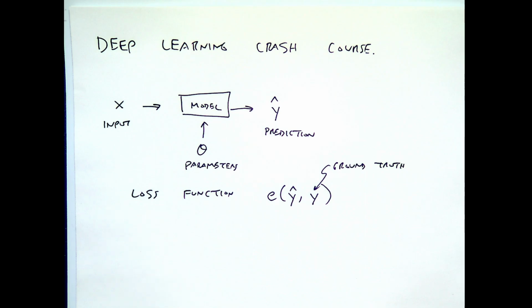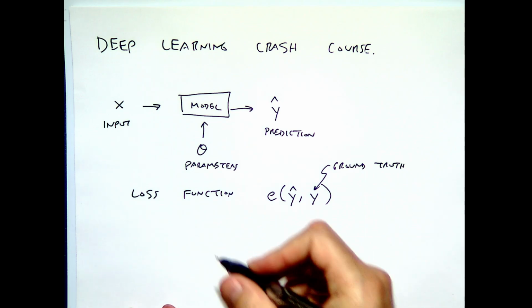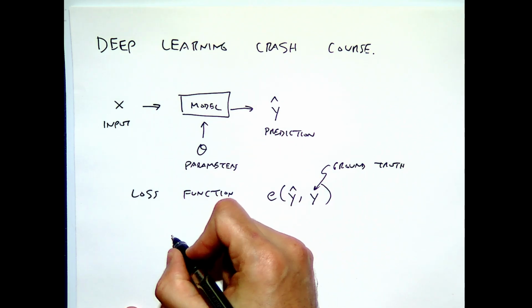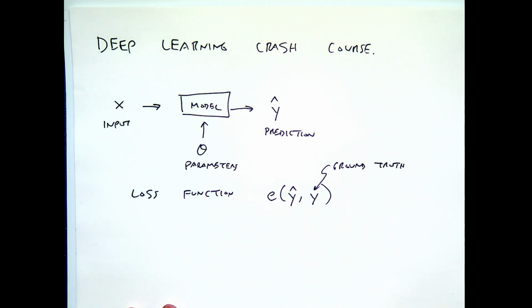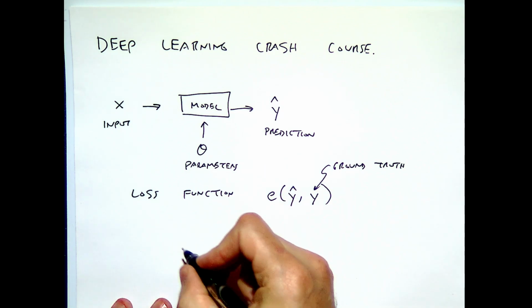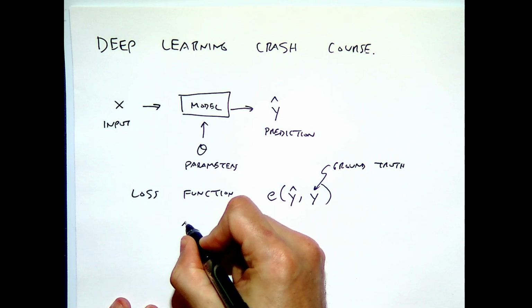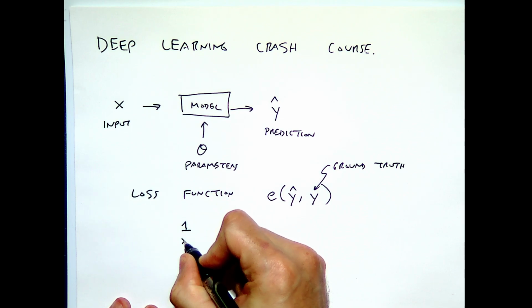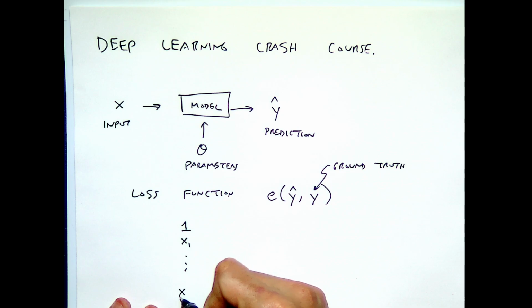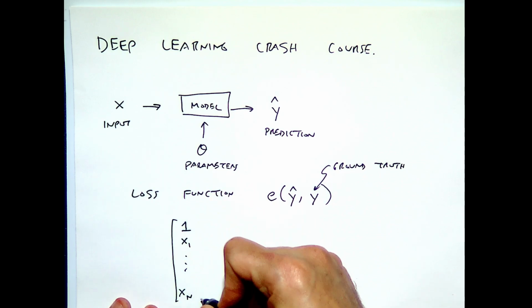Now again, as we talked about before, these thetas generally take the form of a bunch of weights and biases on individual neurons, right? What we talked about before was that I have a vector of inputs, say each of my inputs is n-dimensional.